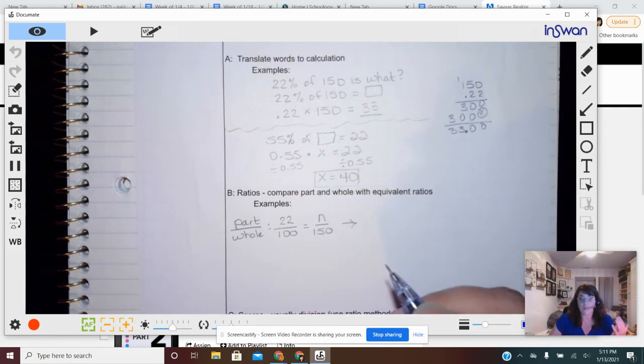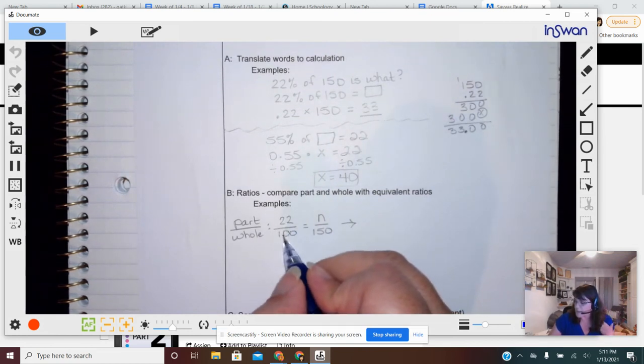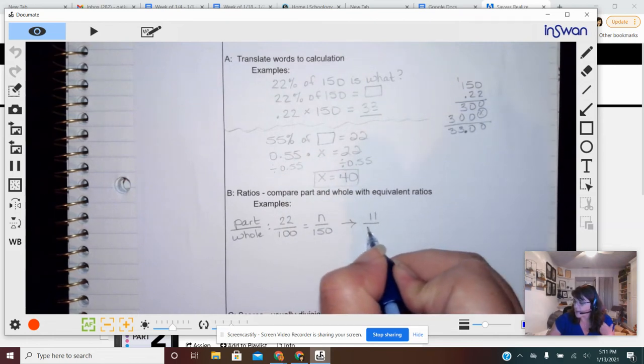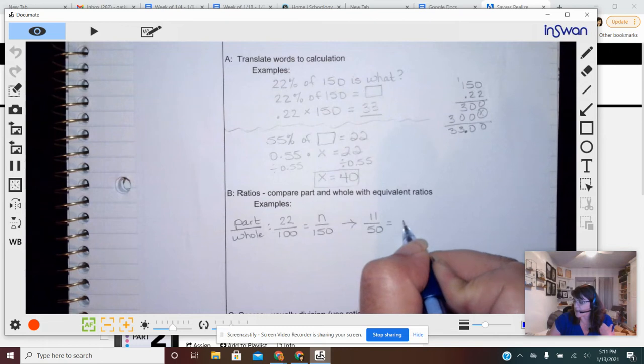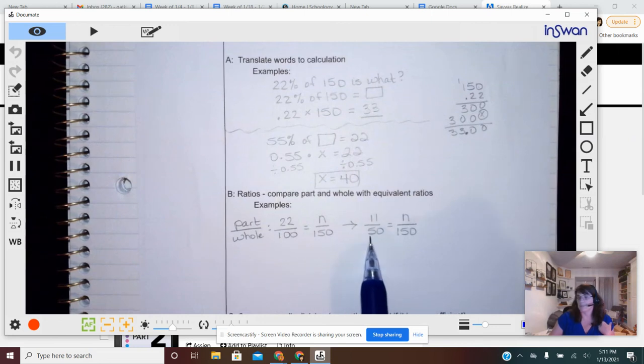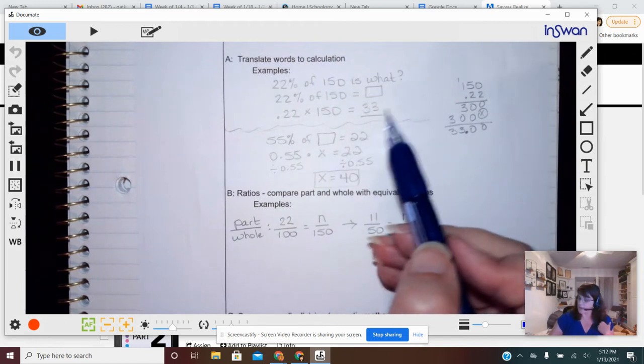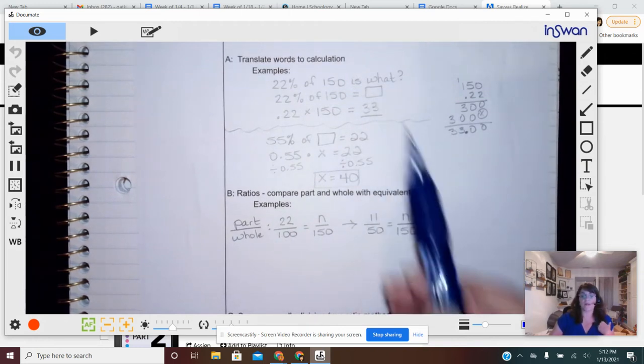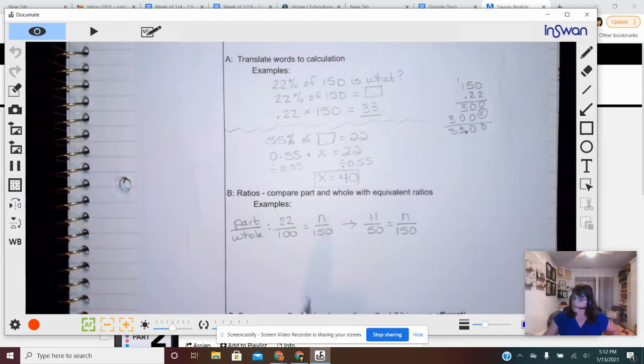The first thing I see is, man, I could simplify this. 11/50ths is the same as how many 150ths? Well, 50 times 3 is 150. 11 times 3 is 33. Does that match the same answer we got up there? Yeah. So if the numbers are nice round numbers, 50s, 10s, 100s, using a ratio can be an excellent tool.